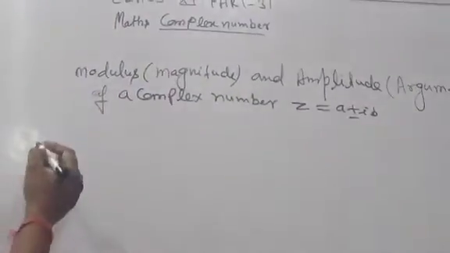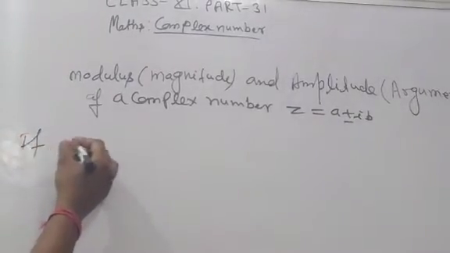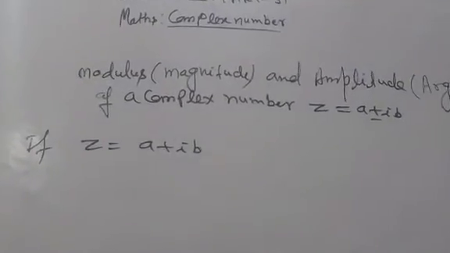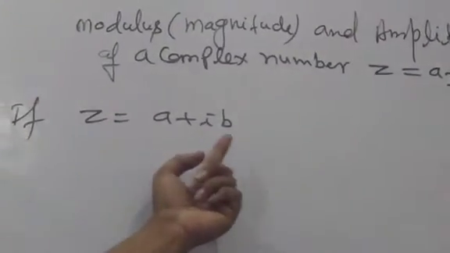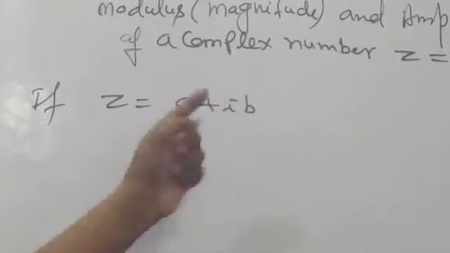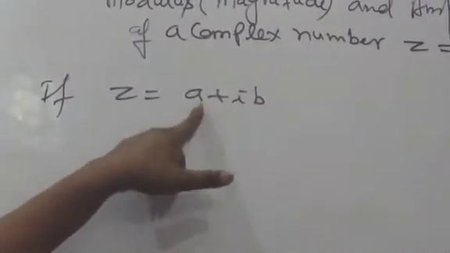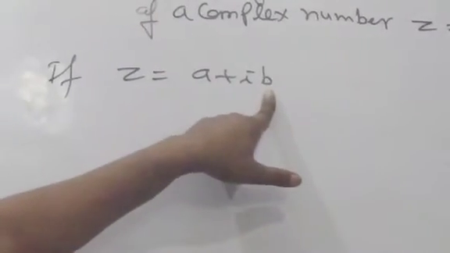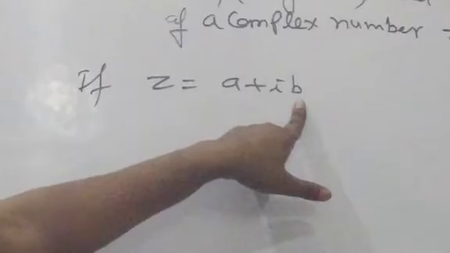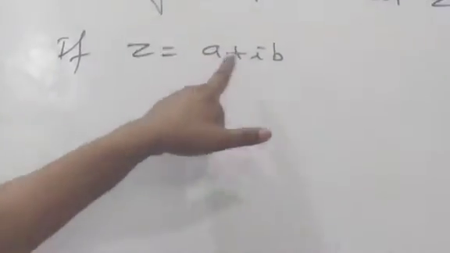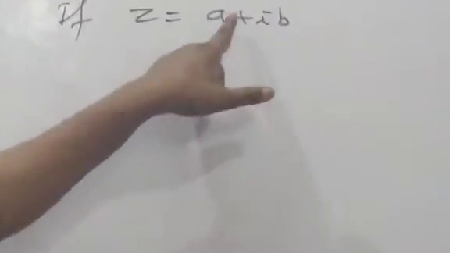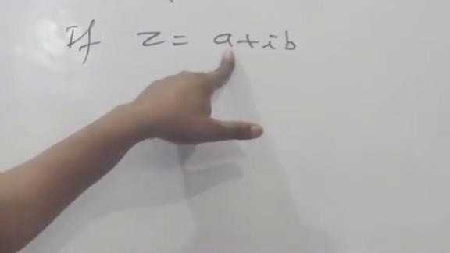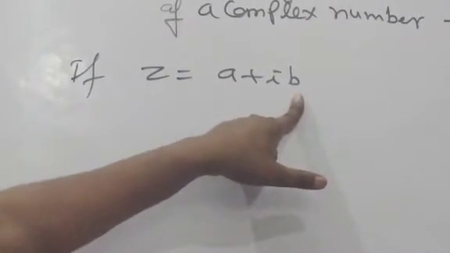Then how can we find them? z is a complex number where a and b are both real numbers, a is the real part and b is the imaginary part. In the previous video I already told you this.